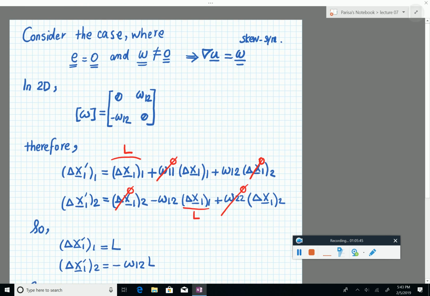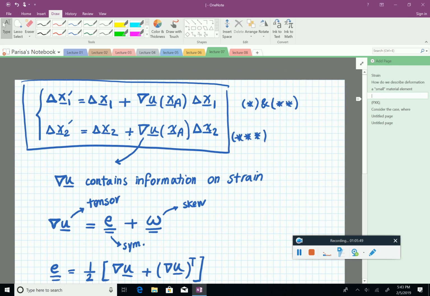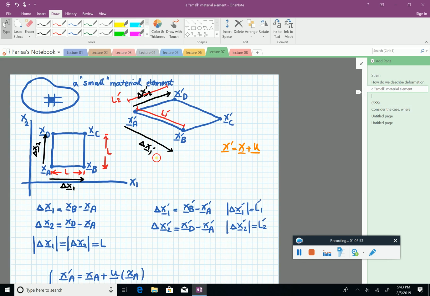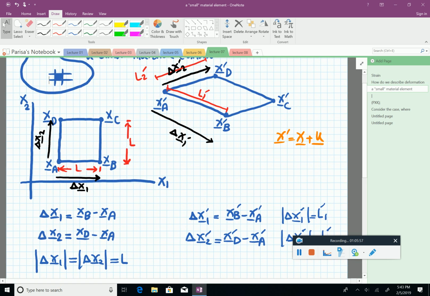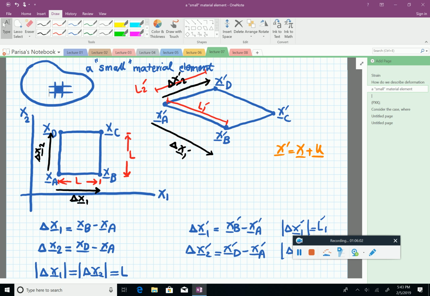Let's go back to this figure. When I show you, then it becomes obvious. I wish I could have this figure somewhere and then do everything else. So delta x1, 2. Do you see why it is 0? It's a vector, like delta x1, and it's parallel to x1.